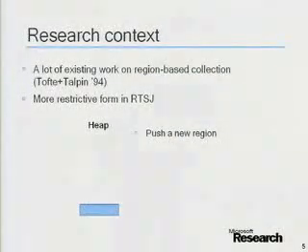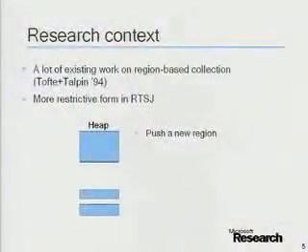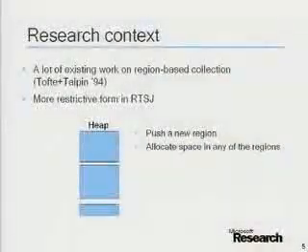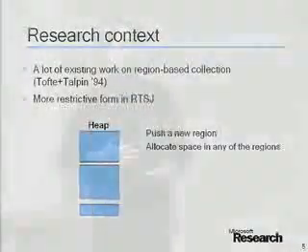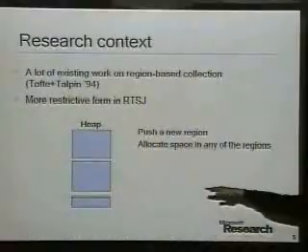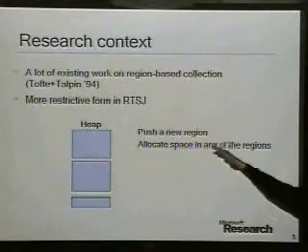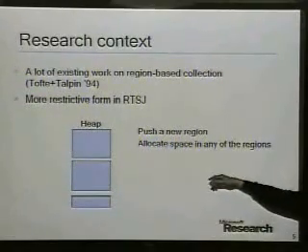These systems use a model in which the heap is composed of a stack of regions, and all allocation occurs by pushing new regions onto this stack, and then by allocating objects in an appropriate region. And space is deallocated by popping an entire region off this stack and reclaiming all the space the objects in it occupied.